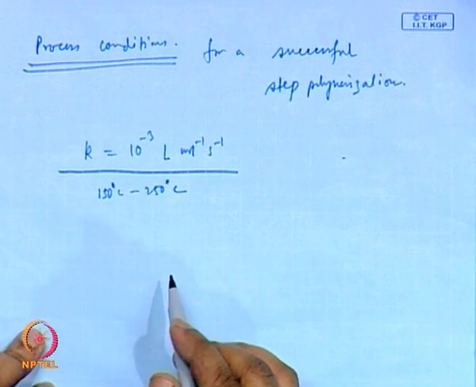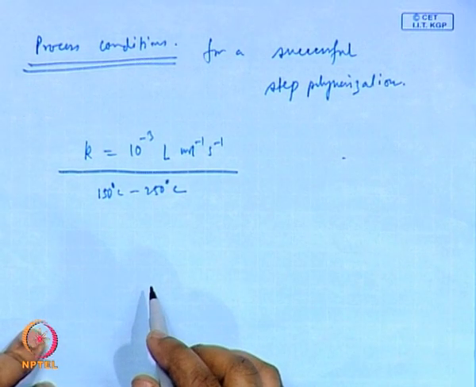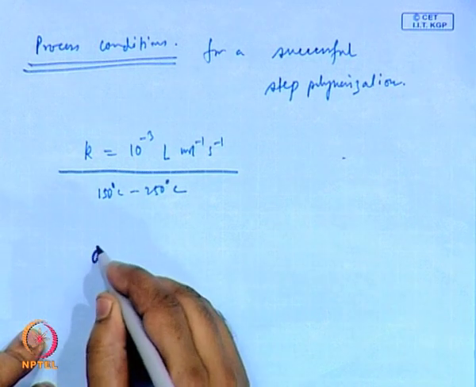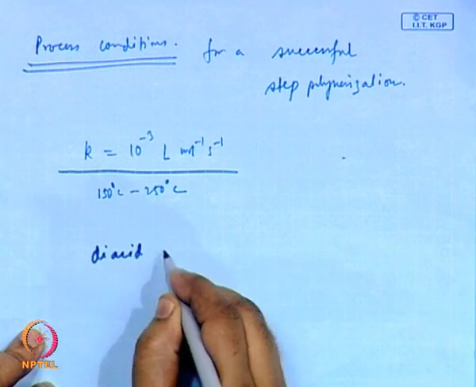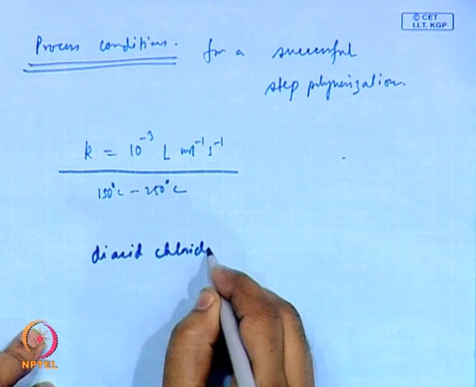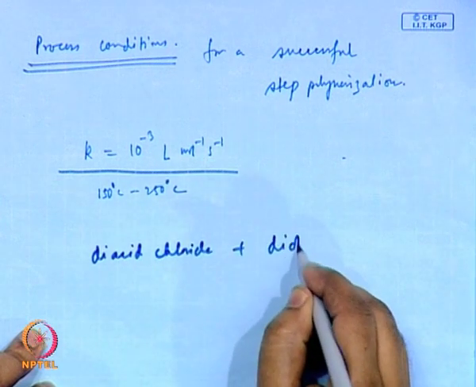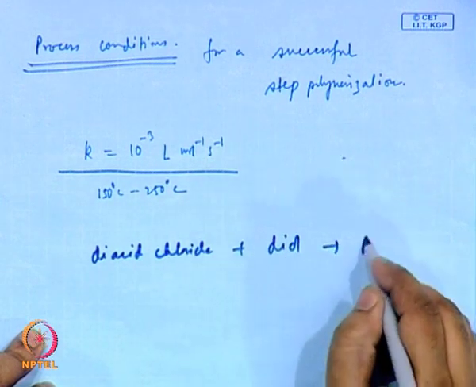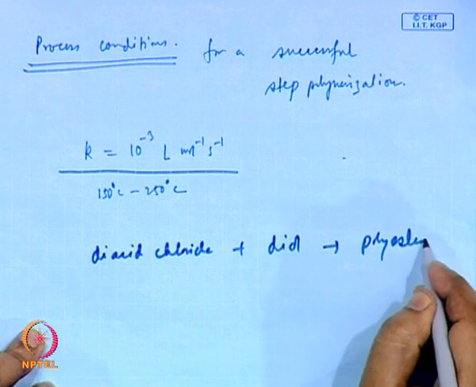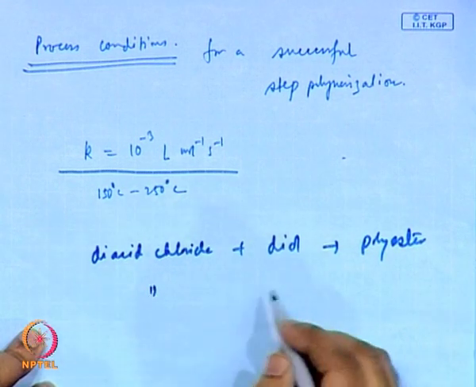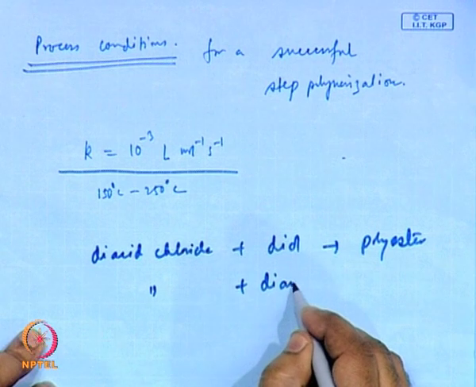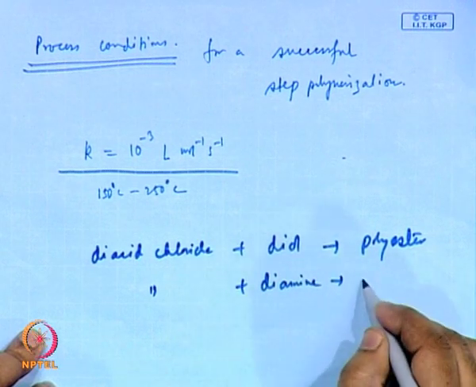One example is the reactions with diacid chlorides. For example, diacid chloride plus diol forming polyester, or say diacid chloride plus diamine forming polyamide.